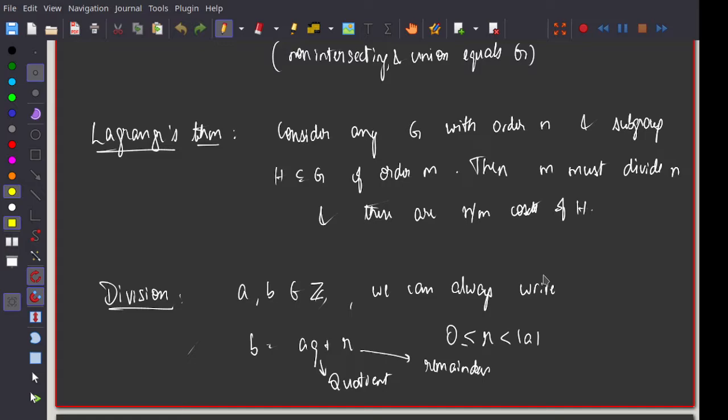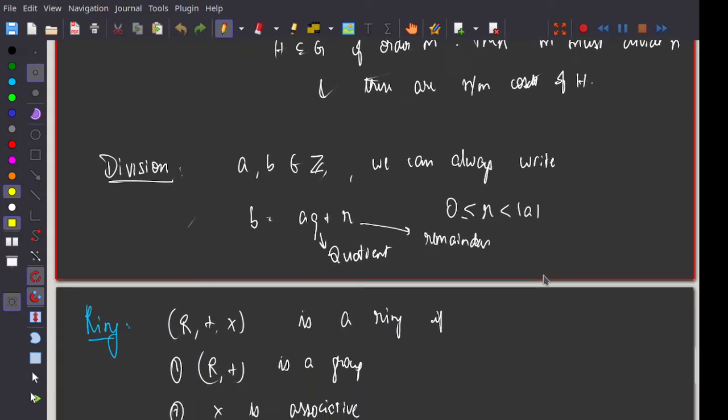If n is the order of a group G and H is any subgroup, then the size of H must divide n. In particular, if G is a group with prime size, then it can only have the trivial subgroups, itself and the group containing only the zero element. You can't have any non-trivial subgroup.